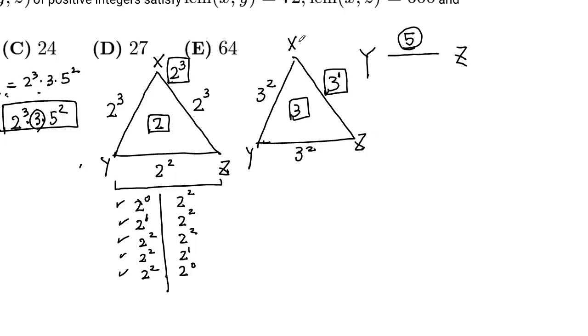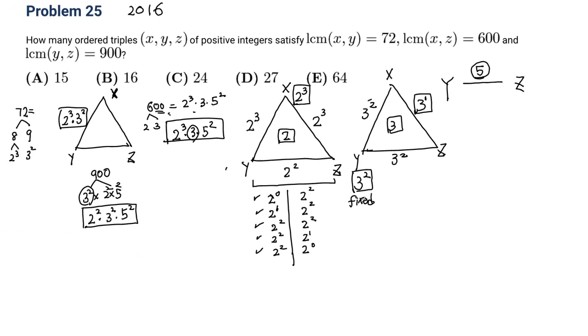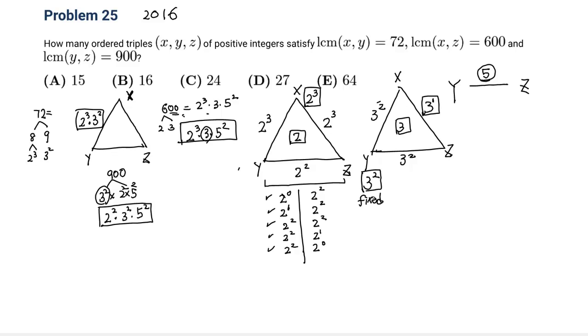Only 1. So for x and y, the maximum exponent will be 3 to the 1. But when you take 3 squared over here, that means y should have 3 to the second power, always. Fixed. Now this one can be 0, 1, 2, 3, it doesn't matter. But between x and y it is 3 to the 1, the maximum exponent should be 1, isn't it?